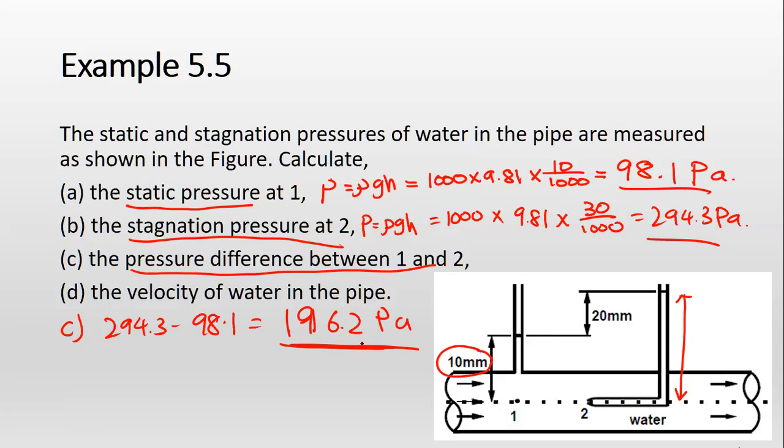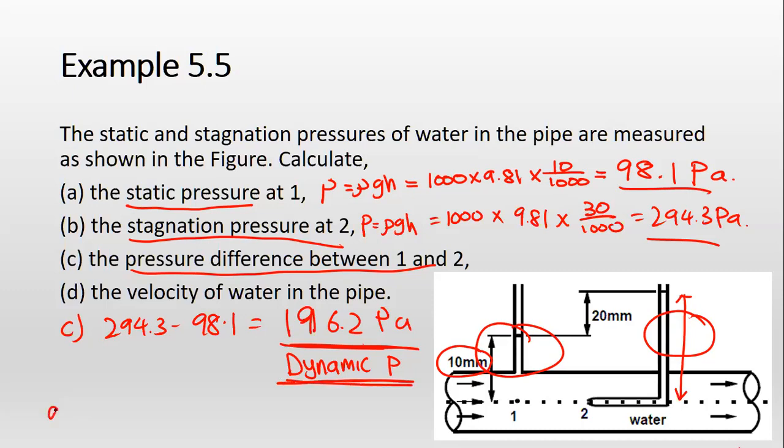This difference is accounted for by the dynamic pressure that we have described just now. So definitely the stagnation will be higher than the static. Why is the stagnation higher than the static? Because the stagnation consists of the dynamic portion. So if you take the difference, it will be the dynamic portion.